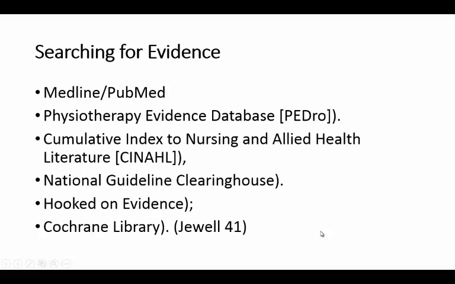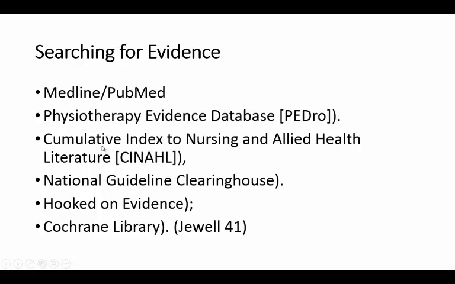There are 5 main databases. Of course, now there are so many databases that we can look for, but there are 5 major ones that are used for physical therapy. The first one is PubMed, or Medline, the old name. Now it's called PubMed. The second one is Physiotherapy Evidence Database, or PEDRO.